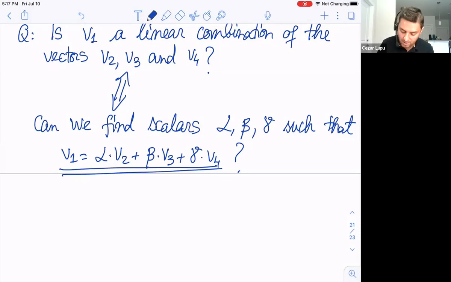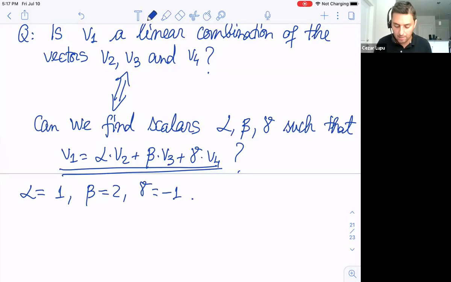Well, I'm just going to tell you directly. So alpha will be 1, beta is 2, and gamma is negative 1. In other words, I'm claiming that V1 is V2 plus 2 V3 minus V4.